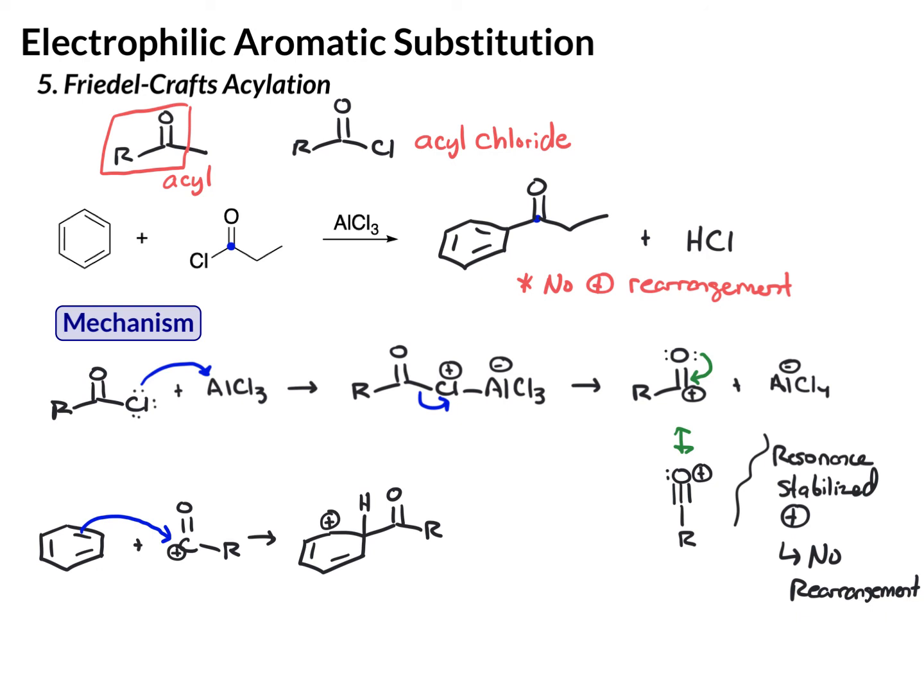And then to get to the final product, we need something to act as a base. The easiest thing to do is to use a Cl from the aluminum tetrachloride. So what that will do is kick out a Cl-, which will come over here and take this proton and eliminate to reform the aromatic ring.